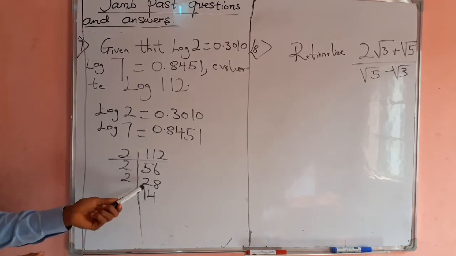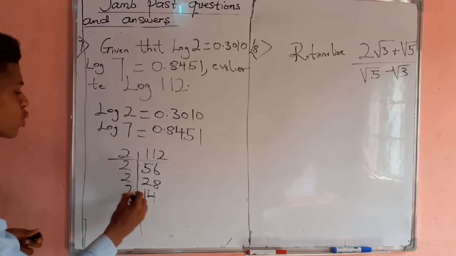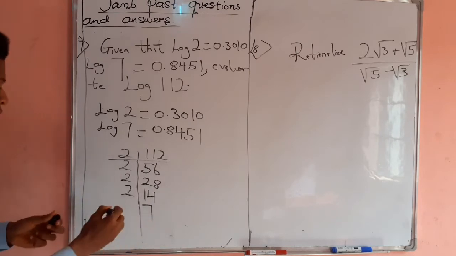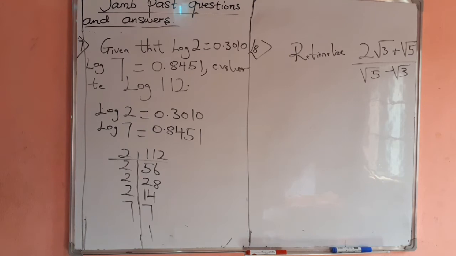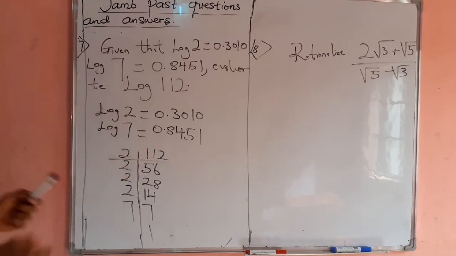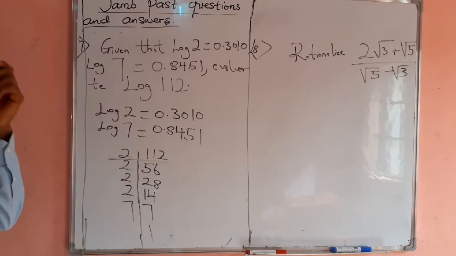Because 14 plus 14 gives you 28. 2 in 14 gives you 7, and 7 in 7 gives you 1. Okay? At this point in time, we can all see this. So, how many 2's now are in 112? 1, 2, 3, 4. So there are 4 2's in what? 112. And how many 7? Just 1.